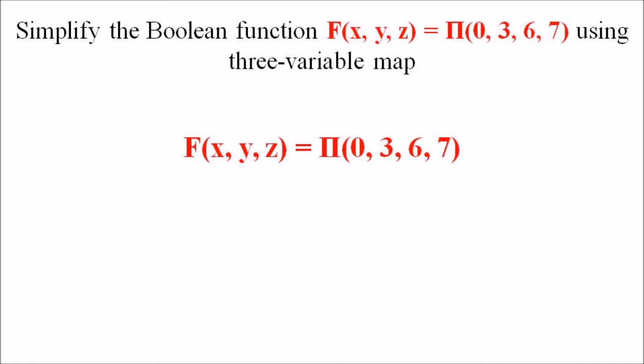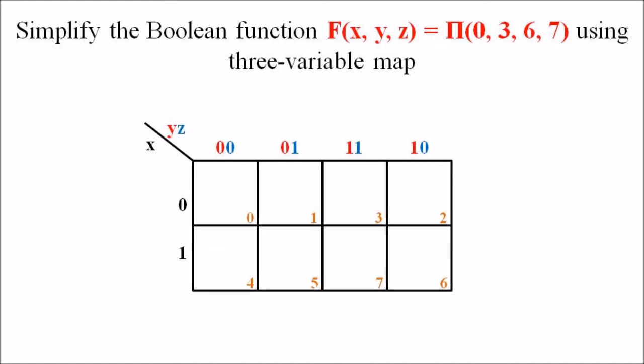Here we can see 3 different variables, therefore we should use a 2 raised to 3 cell K-map, that is an 8 cell K-map. In this 8 cell K-map, the rows represent the x variable and the columns represent the y z variables. In POS expressions, if a function is given, then we should mark those maxterms with the value 0 in the K-map.